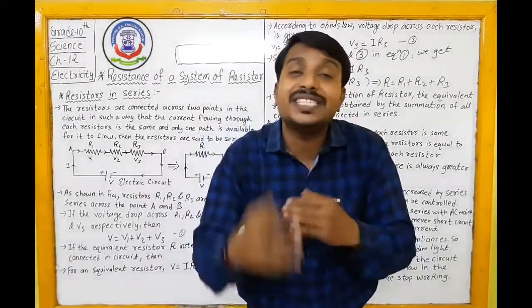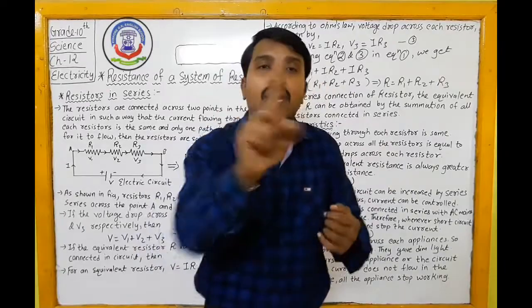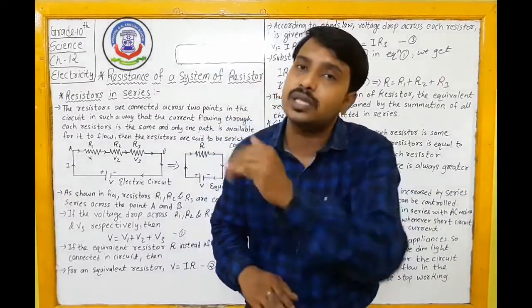So by doing the series connection we can increase our total resistance and thus we can control the amount of current flowing through the circuit.